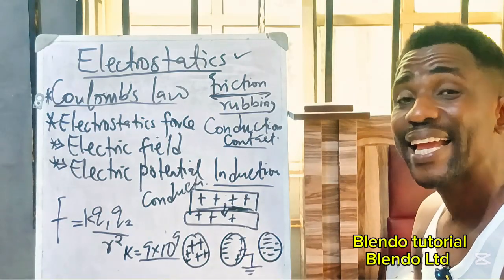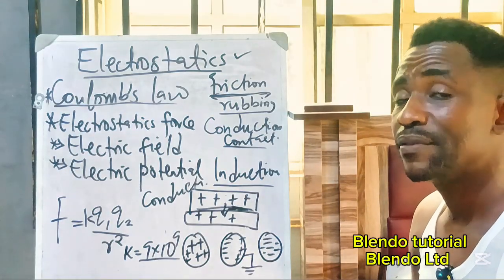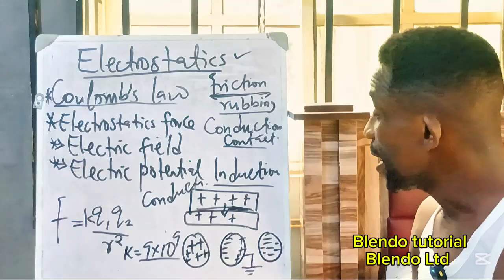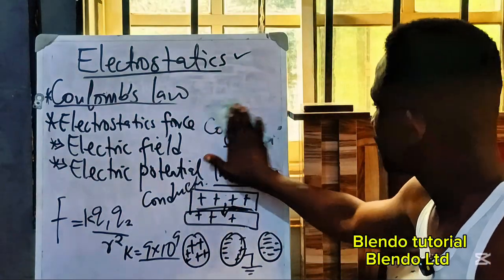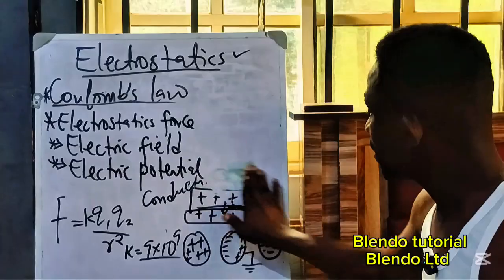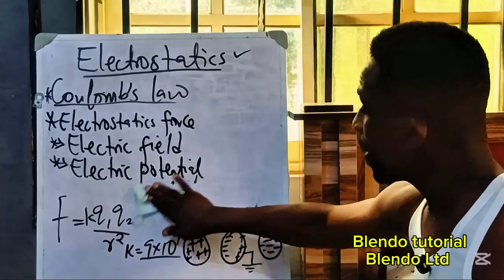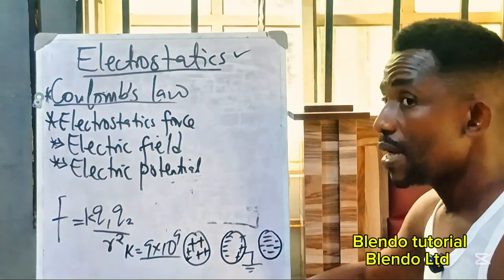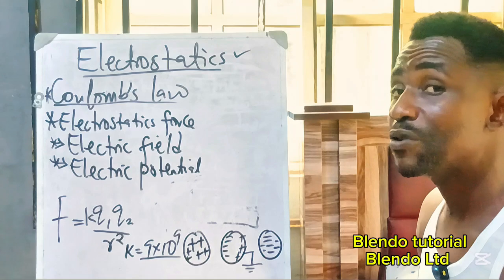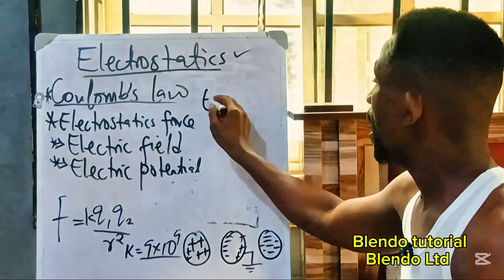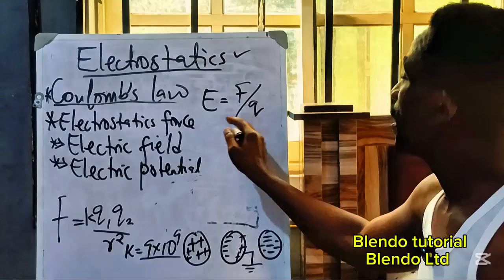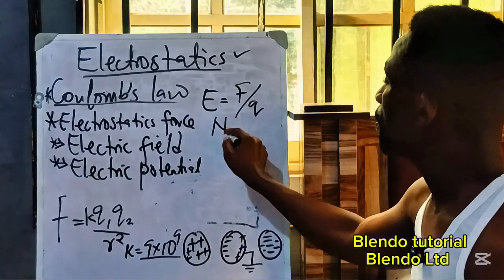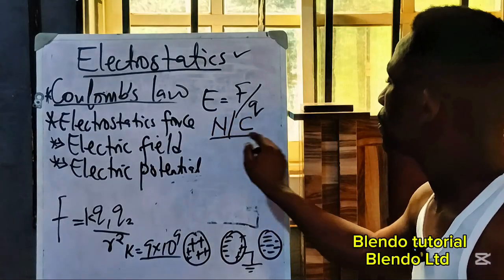What do we mean by electric field? Electric field is force per unit charge, and the unit is Newton per Coulomb.